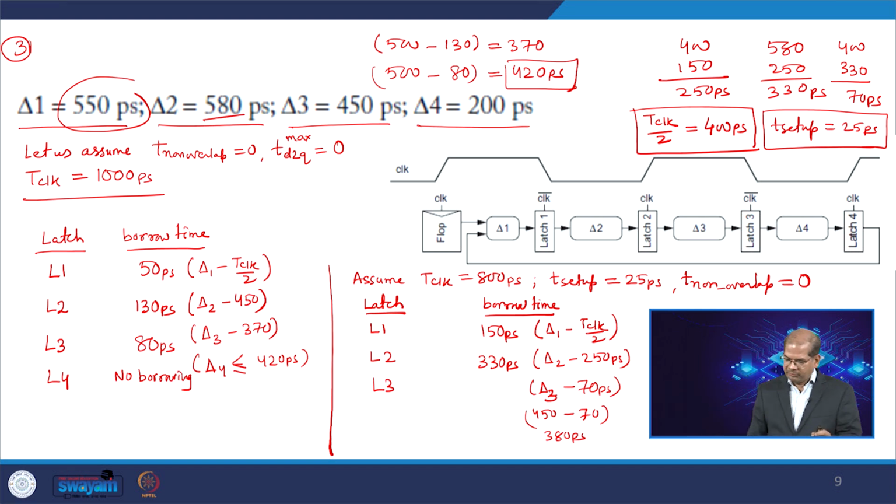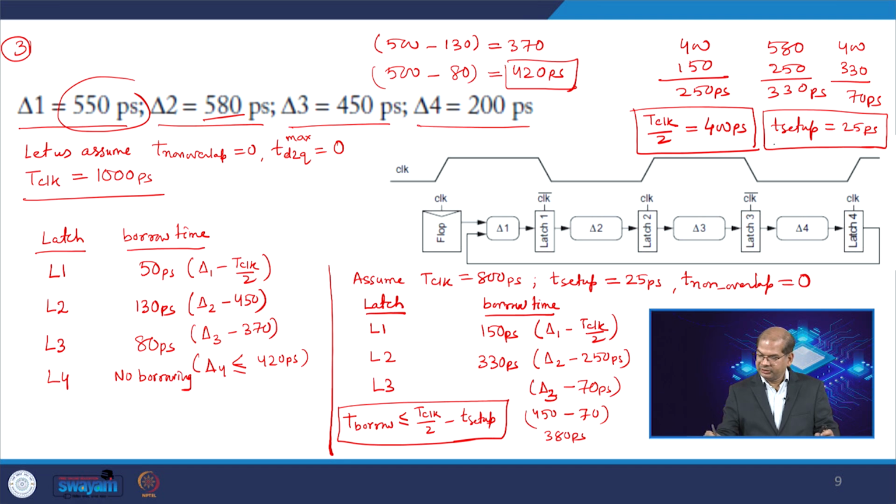So, our maximum T borrow whatever we found out should be less than or equal to T clock by 2 minus setup time, as my T non overlap is 0.